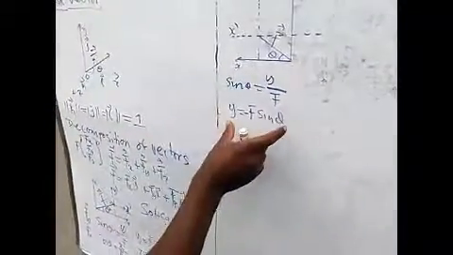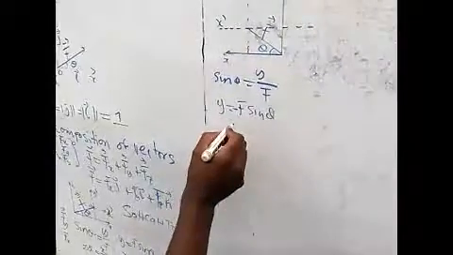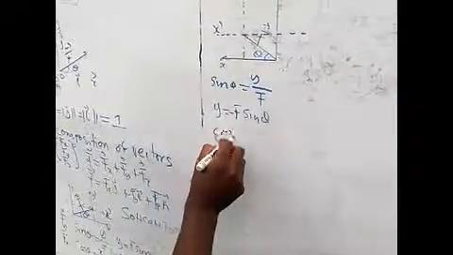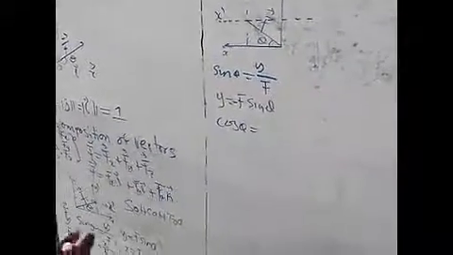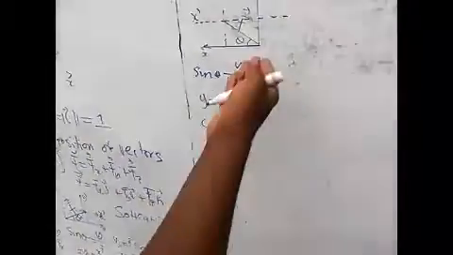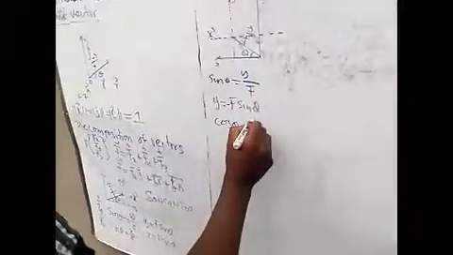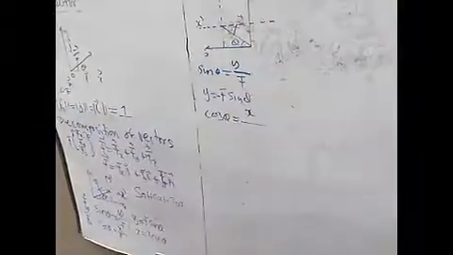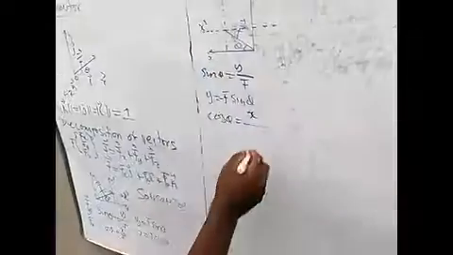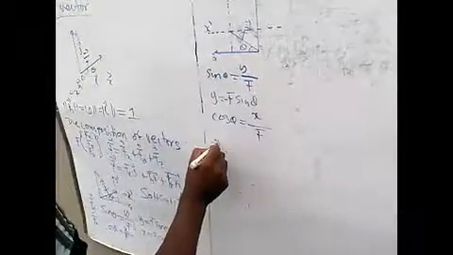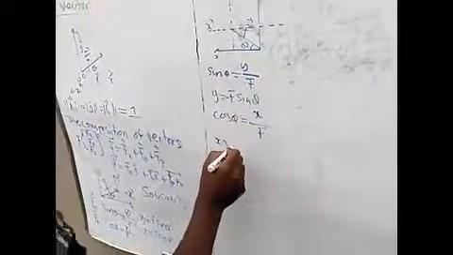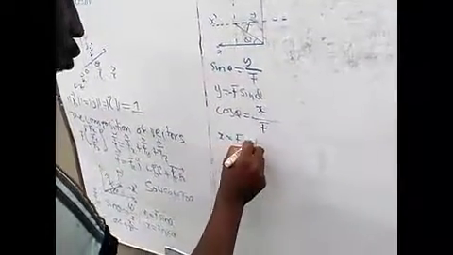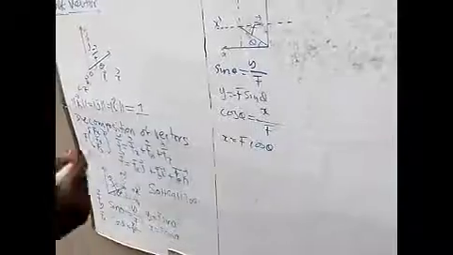Please take note of this because most students face difficulties. Now I'm going to take my cos, which should be equal to the adjacent. Adjacent is x over F. x should be equal to F cos theta.